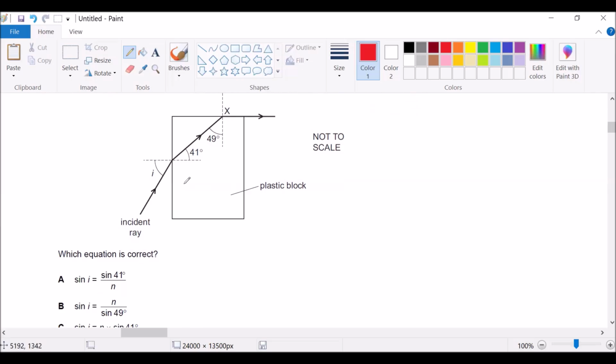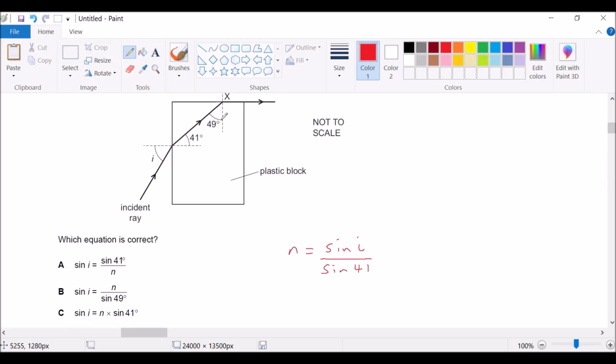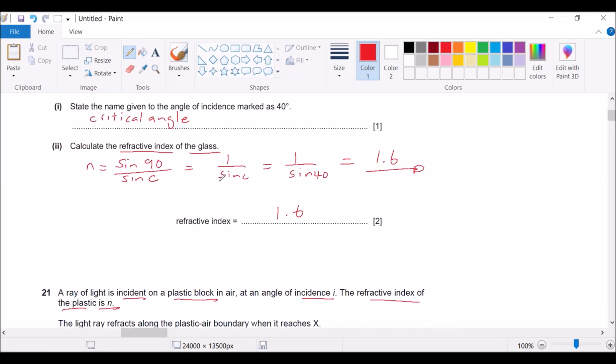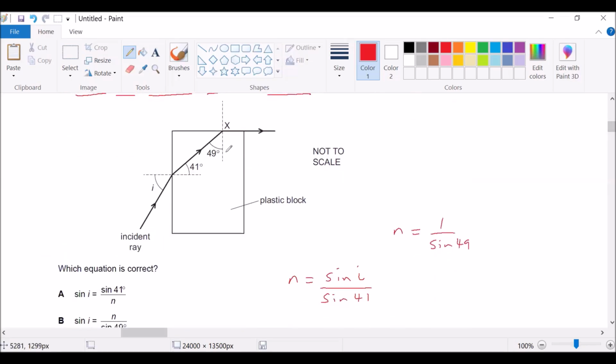Let's form equations that make sense here. The refractive index of the glass N is equal to sine I over sine 41. And for this situation, we know that the refractive index N is equal to 1 over sine 49 from 1 over sine C, since 49 is our critical angle.